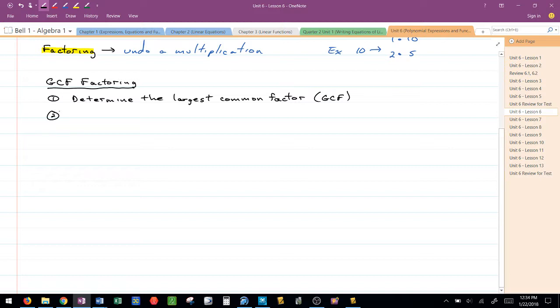After we determine that, we write the GCF, and right next to the GCF we put a parentheses. What we have to figure out is what goes in that parenthesis. So the third step is to fill in that parenthesis. We are going to divide each monomial by the GCF.